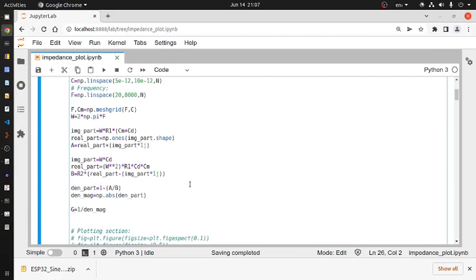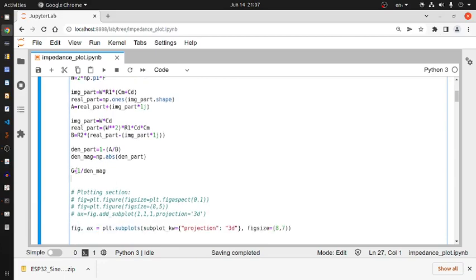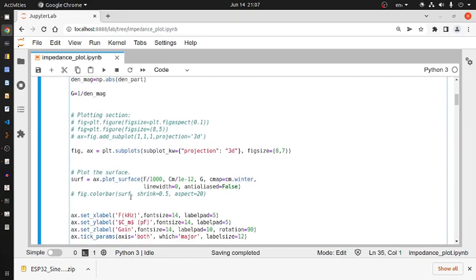Okay, so once it is calculated, G is basically the objective value which you want to plot with respect to C and F. That means we need to create a three-dimensional plot. That's why subplot, these are the normal syntaxes we know from matplotlib. And for projection, we want 3D projection, that's why it is 3 dimensioned over here. And then we are plotting the surface plot.